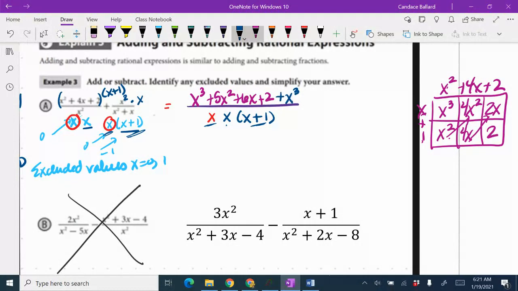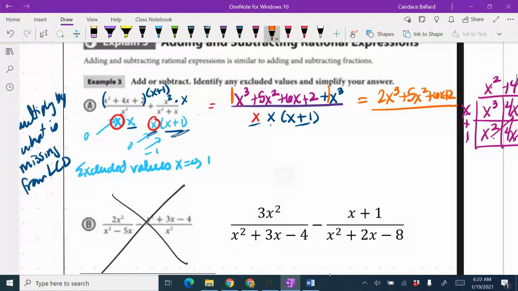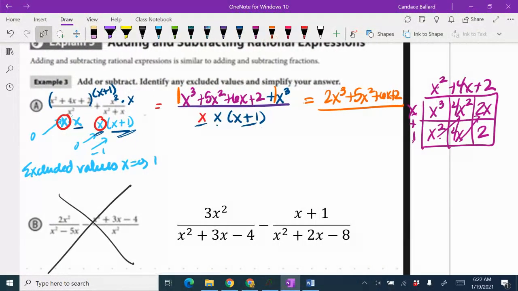To simplify this just a little bit more, I could add the 1x cubed and the 1x cubed. So I would get 2x cubed plus 5x squared plus 6x plus 2. I would not bother distributing or making that denominator any simpler other than maybe multiplying the x's together to get x squared times x plus 1.